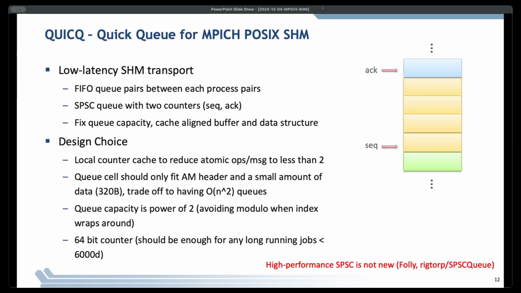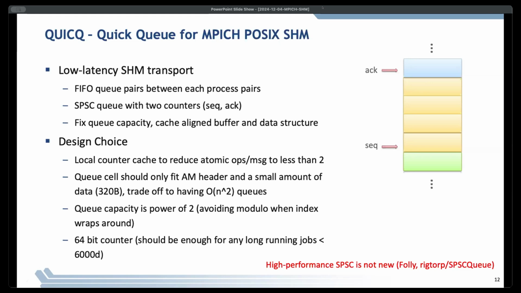So effectively, an n² number of queues is required, and we're trying to still control the memory usage on that. The queue capacity is adjustable at initialization time, but it is always set to a power of 2, so we don't have to use a modular operation when the index wraps around.